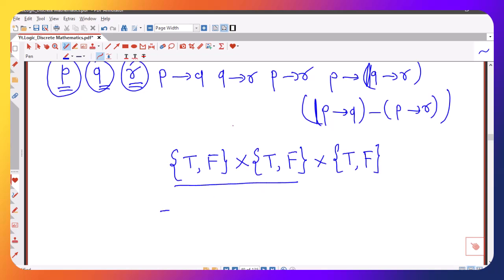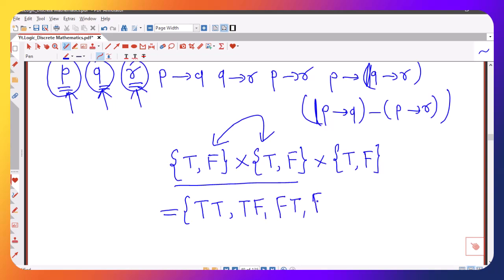This will give us all possible combinations of truth values for these variables P, Q and R. First I consider the Cartesian product of these two sets, and I will have T, T, T, F and F, T, F, F, and this I have to take Cartesian product with T and F.